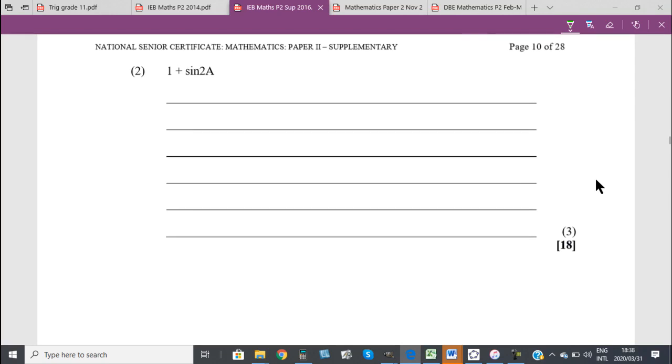So this is 1 plus, and this, remember, can be written as 2 sine A cos A. But now from this I have to find a way to get cos A plus sine A, so that I can replace that by k, because I can't just replace k here, so we have to do some work.